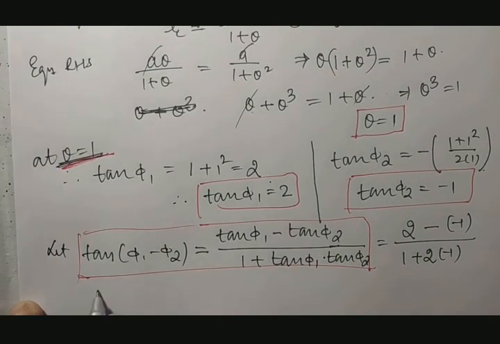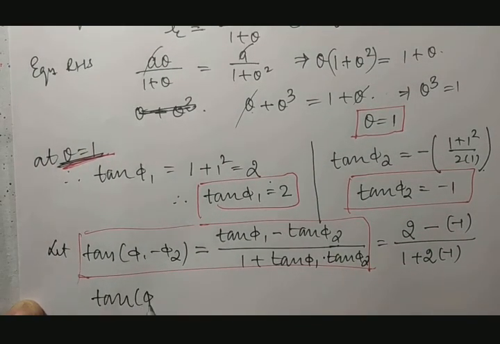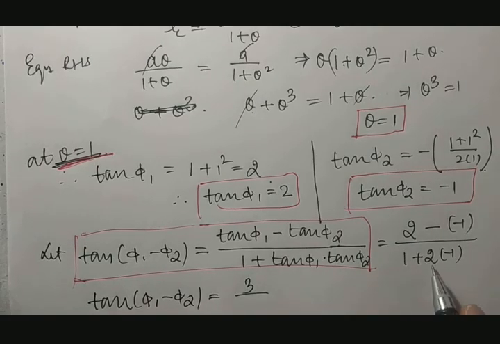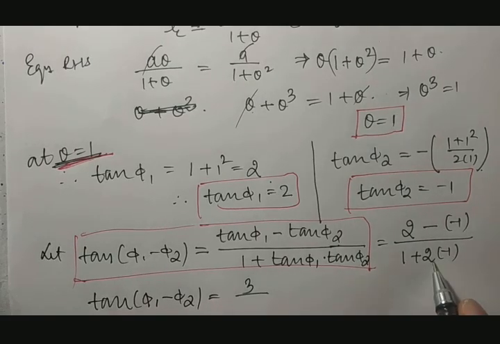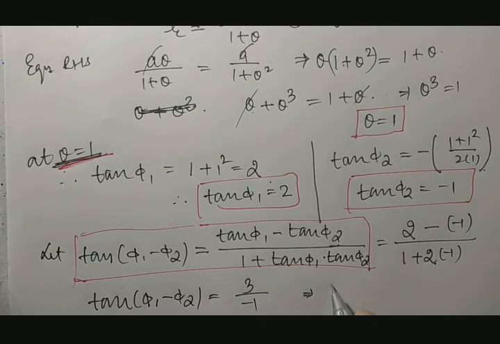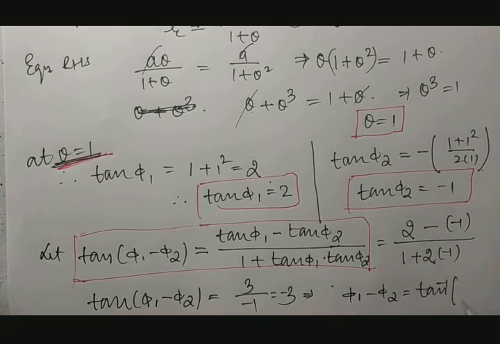Therefore, tan of phi 1 minus phi 2 is equal to 2 minus of minus, which is 3, divided by 1 minus 2, which is minus 1. Therefore, it is minus 3. Therefore, phi 1 minus phi 2 is equal to tan inverse of minus 3.